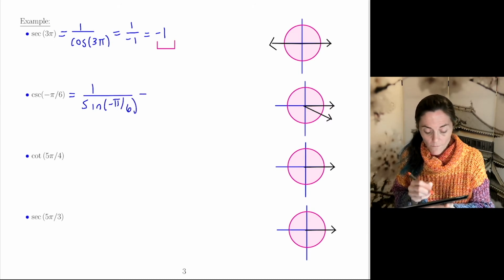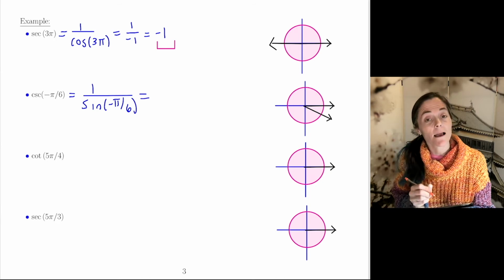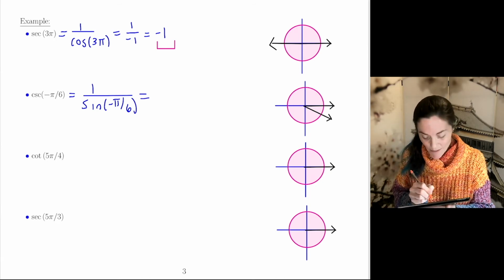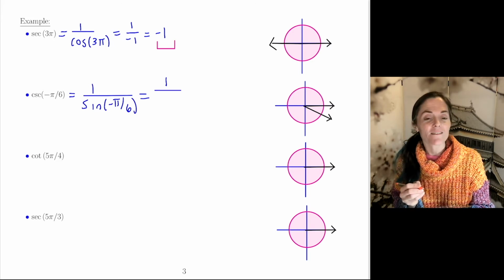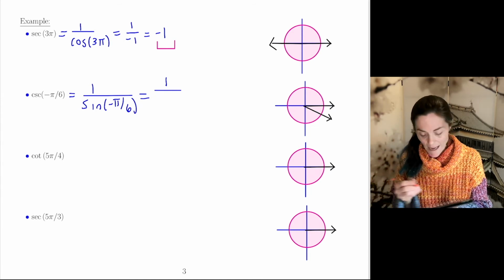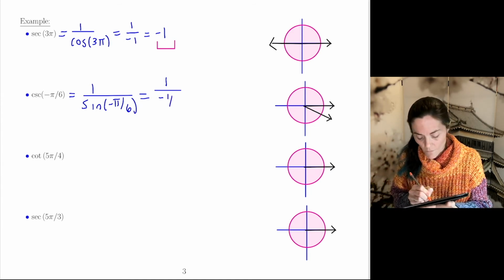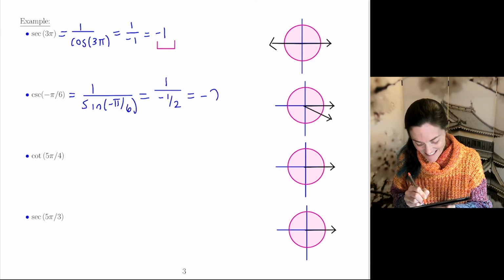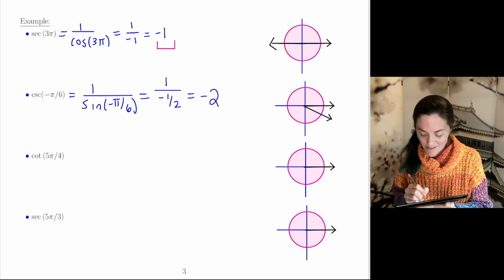We are in quadrant 4. As I mentioned, the sign is negative. So this is going to be 1 over, well, reference angle pi over 6. The sine of pi over 6 is 1/2. So this is 1 over -1/2. So the cosecant here is -2.